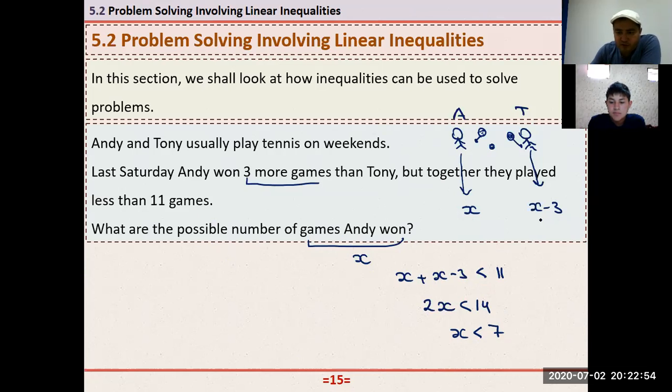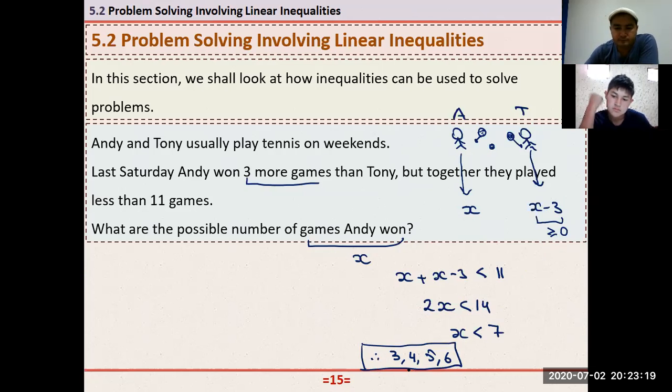And also make sure that when we substitute here, this thing should be greater than or equal to 0, because the number of games cannot be negative. So here the answer is, the minimum X is 3, then 4, 5, and 6. The possible values of X are 3, 4, 5, 6.